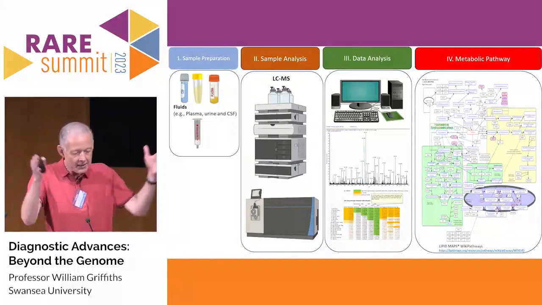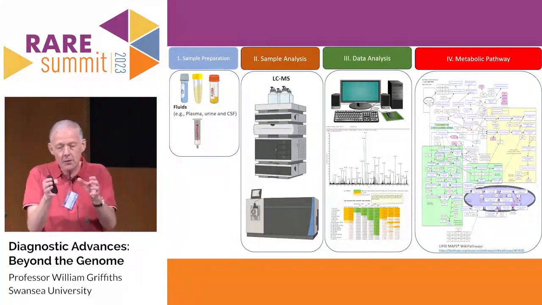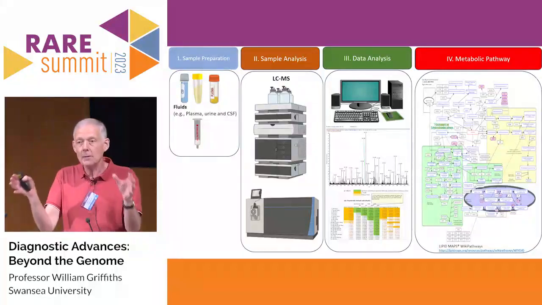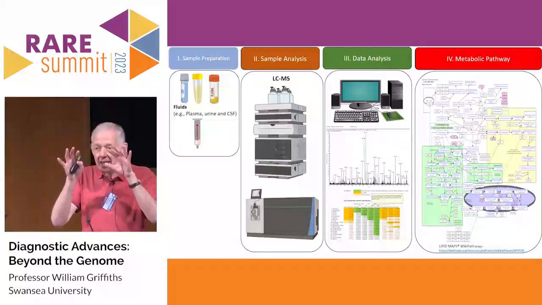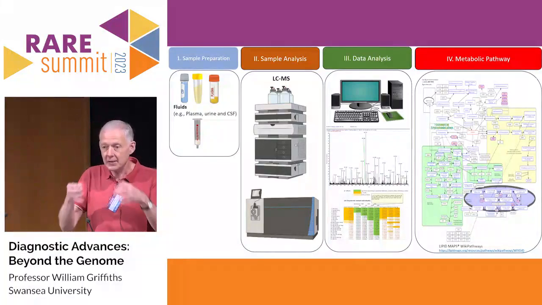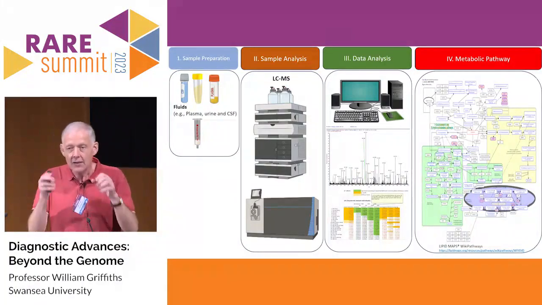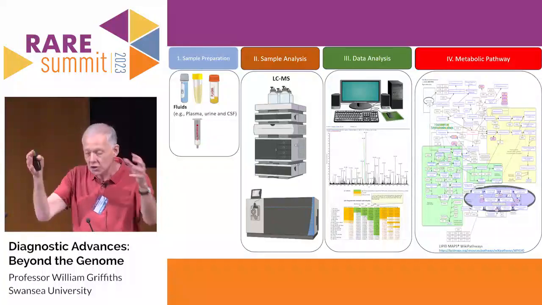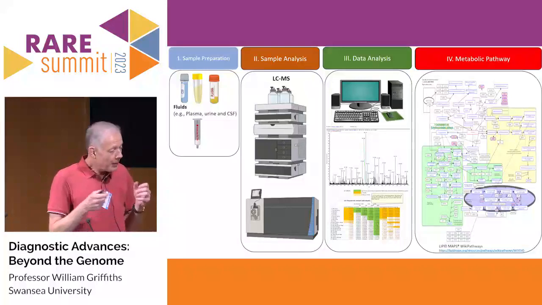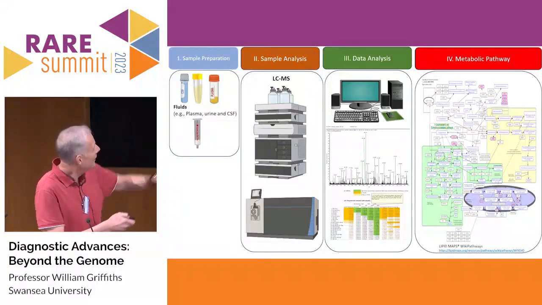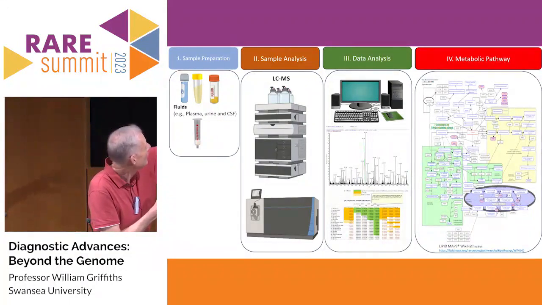That just separates out the molecules. They then go into another instrument, which is called a mass spectrometer. The mass spectrometer allows us to identify the different molecules, determine their chemical structures, and also measure their concentrations in our sample. A mass spectrum looks like this in the third panel.